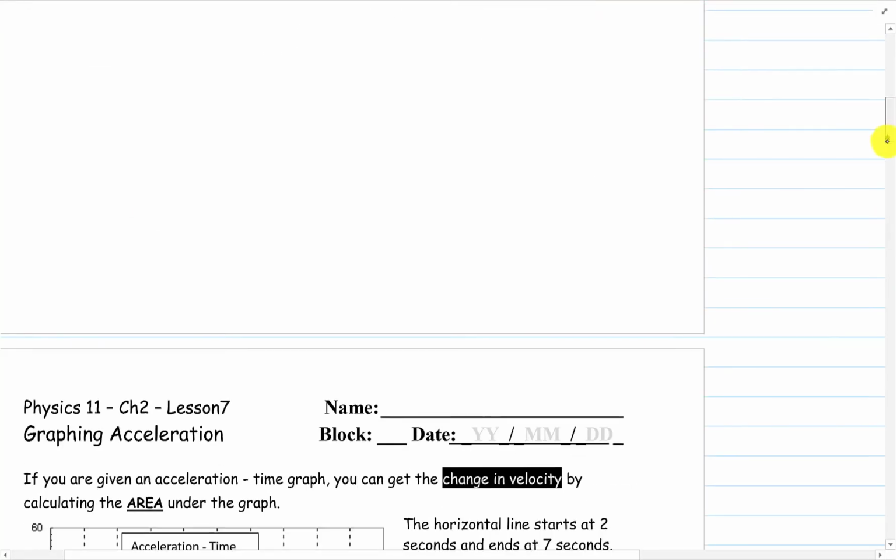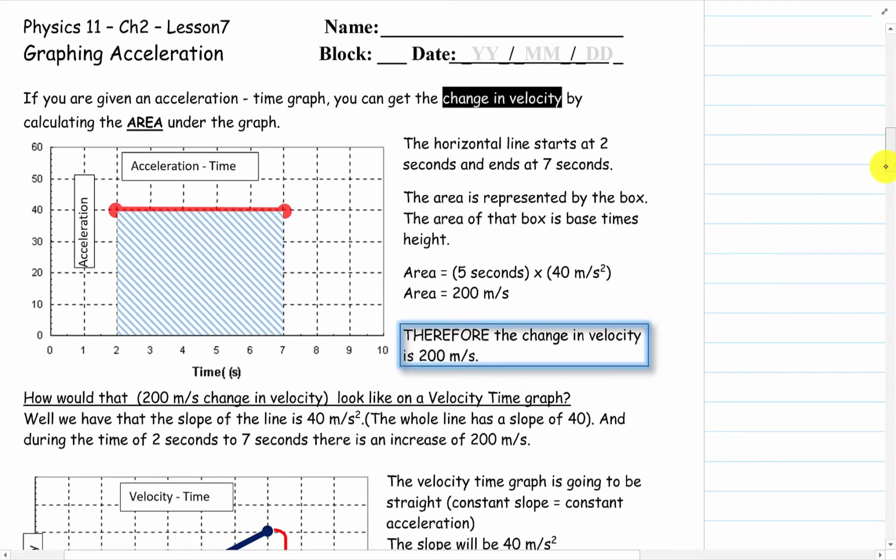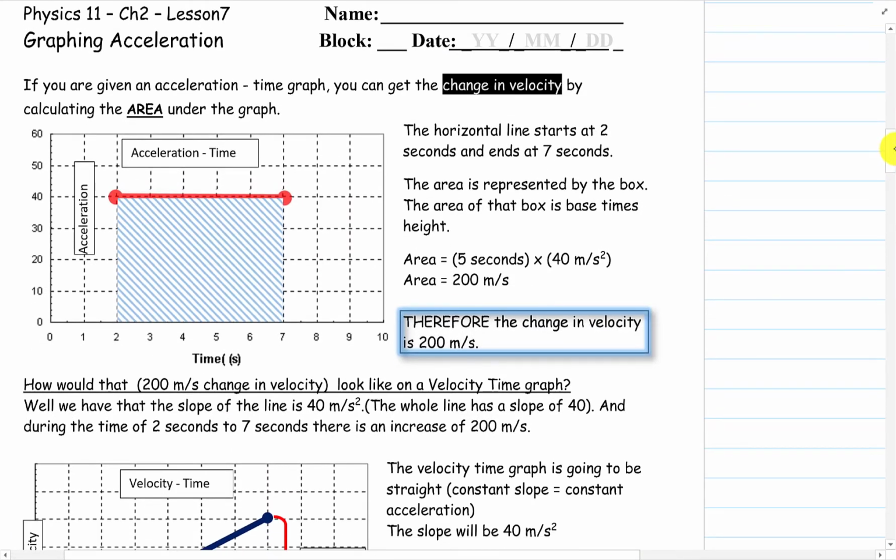Okay, let's just get into our lesson 7, our last one here for this chapter, and it's on graphing and it's on acceleration. If you're given an acceleration time graph, you can get the change in velocity by calculating the area under the graph. This is going to go real quick now. The horizontal line here starts at 2 seconds and ends at 7 seconds.